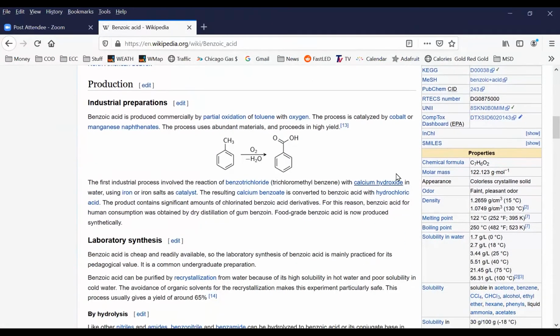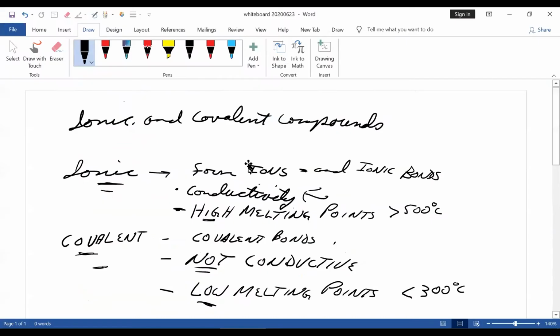But derivative, something made from this, if you notice the melting point for benzoic acid, which is a covalent molecule, is 120 degrees C, 252 Fahrenheit, which is a heck of a lot lower than 1470 whatever Fahrenheit. So ionic compounds, high melting point, covalent molecules, low melting point. And this is what you'll be measuring.